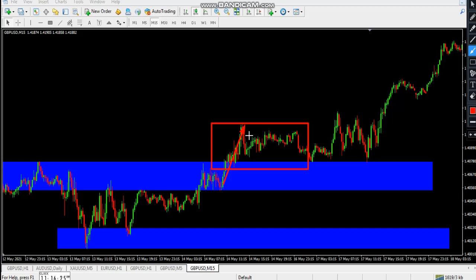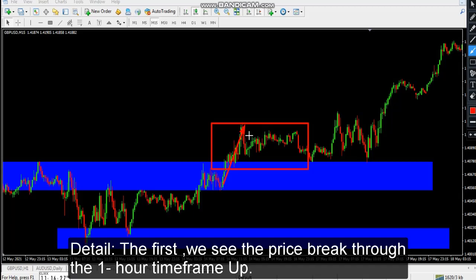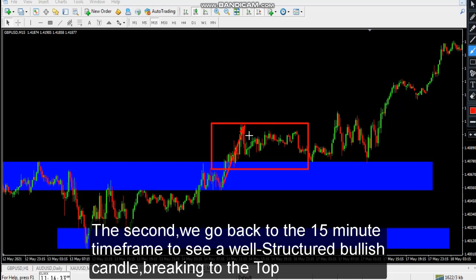In detail, first, we see the price rest around the one hour time frame's top. The second, we go back to the 15 minute time frame to see a well-structured bullish candle breaking to the top.